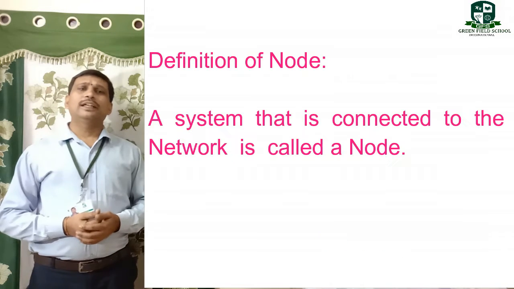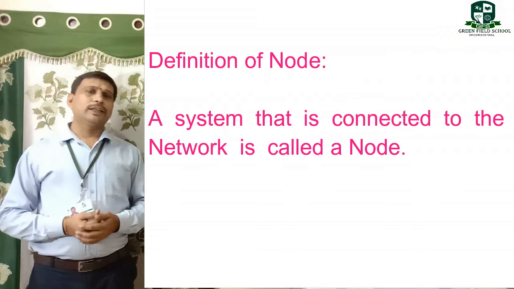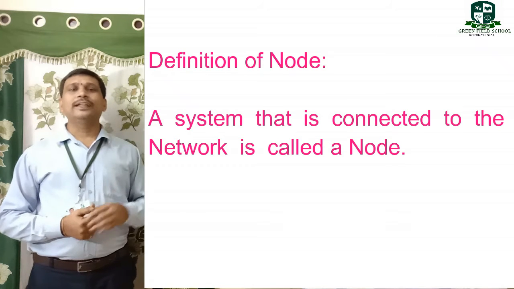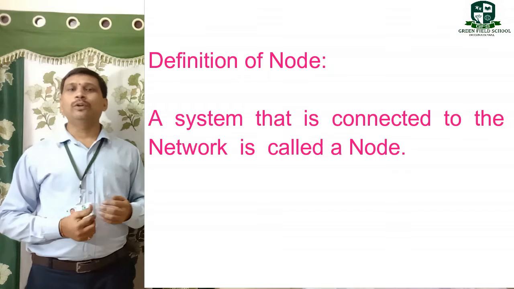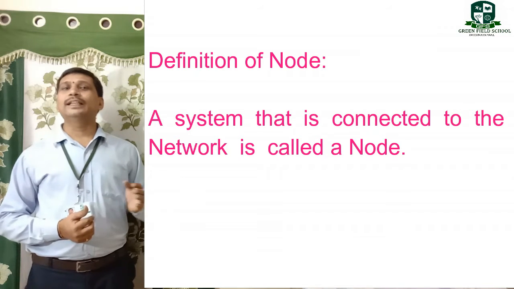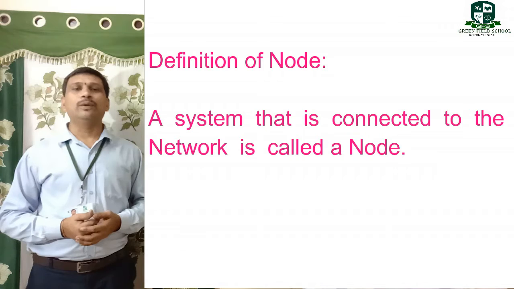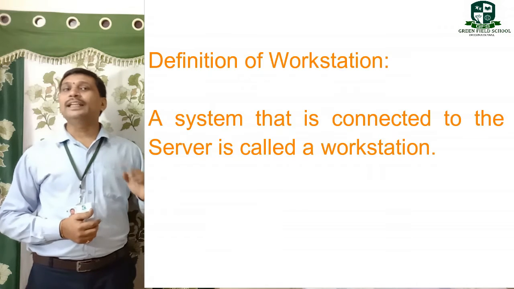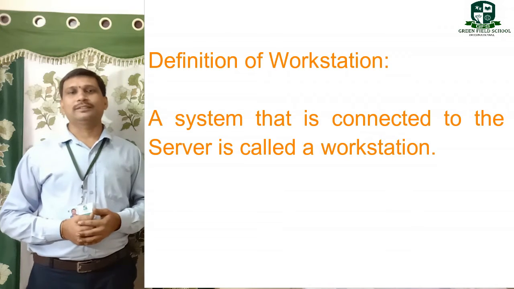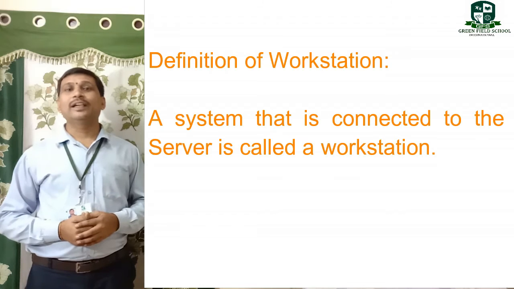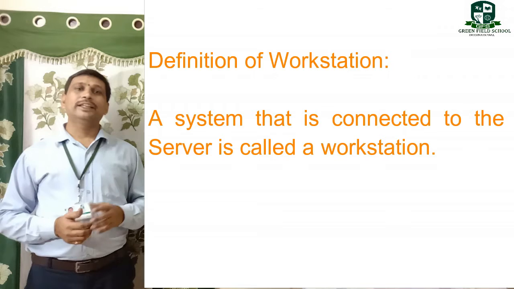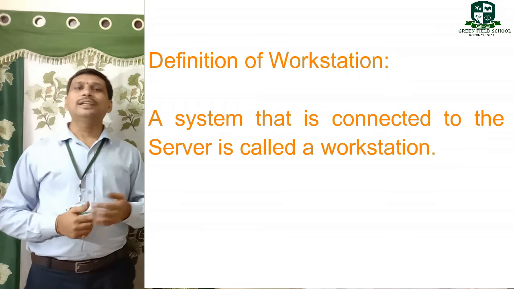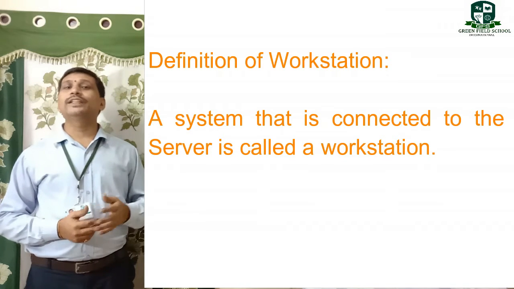In networking concepts, a system that is connected to a network is called a node. A system that is connected to a server is called a workstation, or a client. Here clients are connected to a server, and this is called client-server architecture.